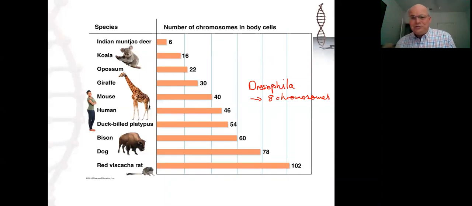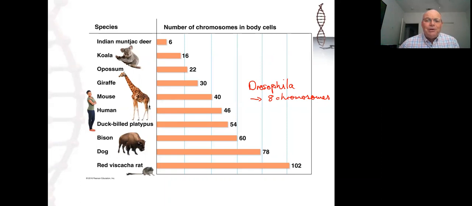And why that is interesting is that we have often compared ourselves to Drosophila in terms of the number of genes that are required to make each type of organism. So Drosophila, it turns out, have about 17,000 genes. Now, some people say as little as 15,000, but the number is between 15 and 17,000.